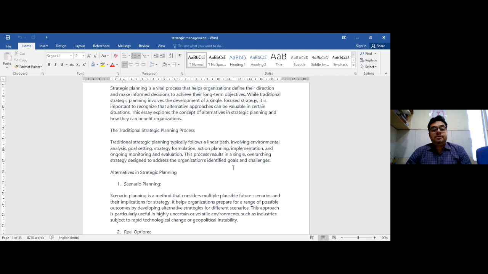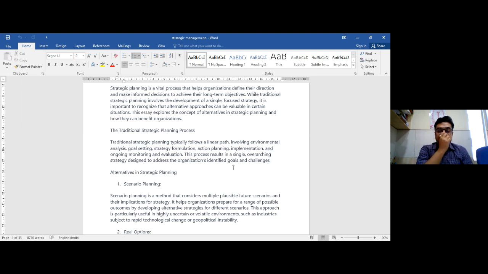And through the process of scenario planning, there are multiple future scenarios and their implications for the purpose of strategy development.